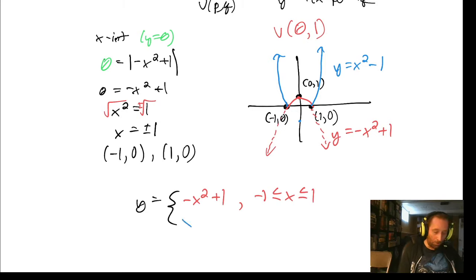And it is this blue portion, the reflection, x squared minus 1, when x is less than negative 1 or x is greater than positive 1. By the way, you'll note that I tend to put the reflection on the bottom and the original on the top. It doesn't matter. If these two are the other way around, it's fine. If these equal signs are the other way around, it's also fine. So there's no requirement there one way or the other.